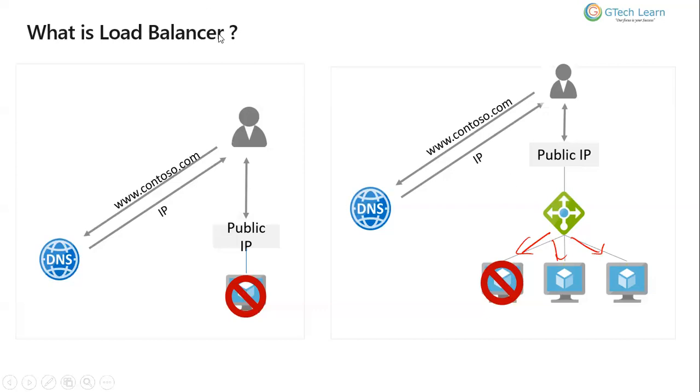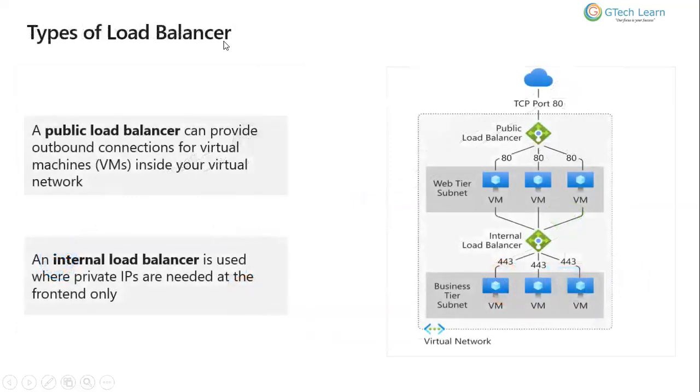Talking about the types of load balancers, we have two different types. The first is known as a public load balancer, and the next is known as an internal load balancer. If traffic is coming from the public internet and we want to distribute it towards the backend pool of backend machines, we utilize the public load balancer.